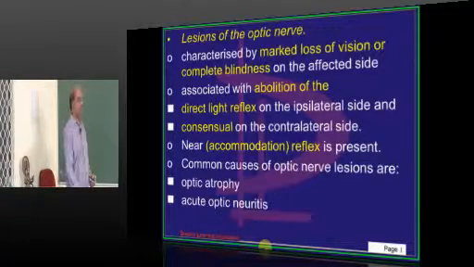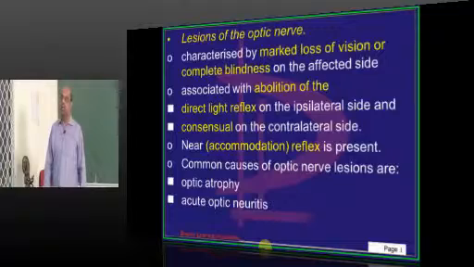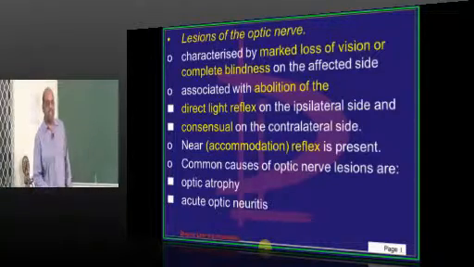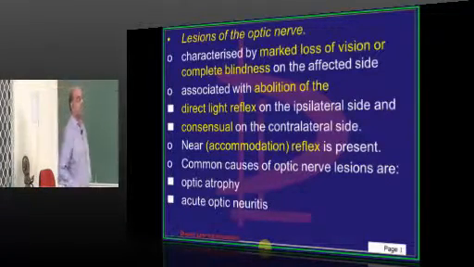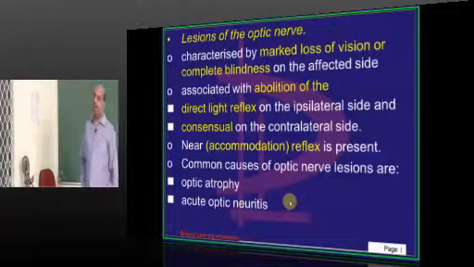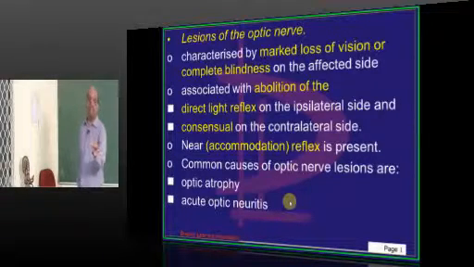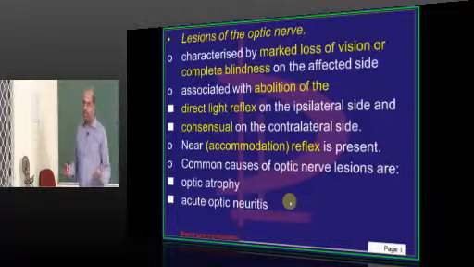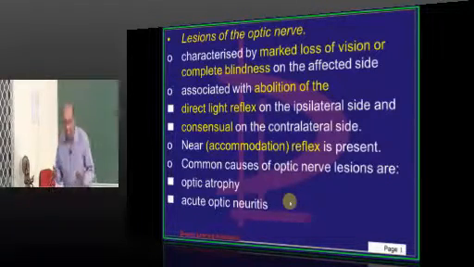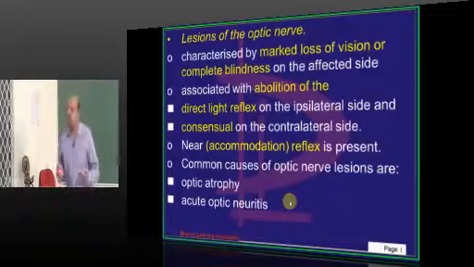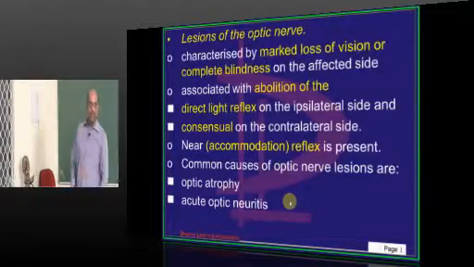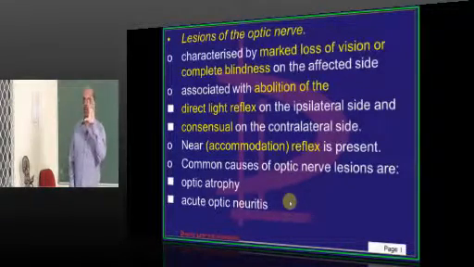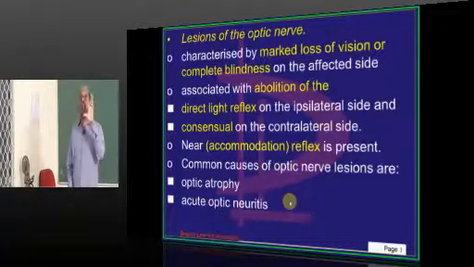Now, we have two kinds of reflexes. One is called the near reflex. What is meant by the near reflex? If you are reading in the reading room, looking towards the book, looking at somebody going, your pupil is constricting, dilating, constricting, dilating.